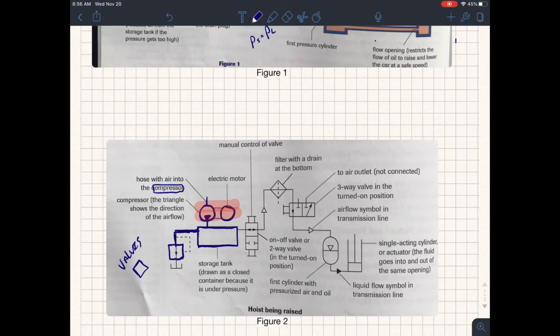So valves all have some kind of squareness to them. This square means that there's one position. It can be on or off. You can see over here that we have another valve that has two squares stuck together. This means that there are two possible positions for the valve. Okay, so let's keep drawing our schematic.